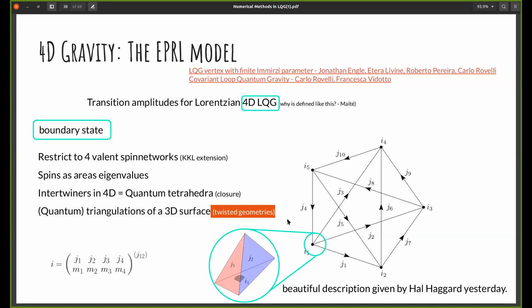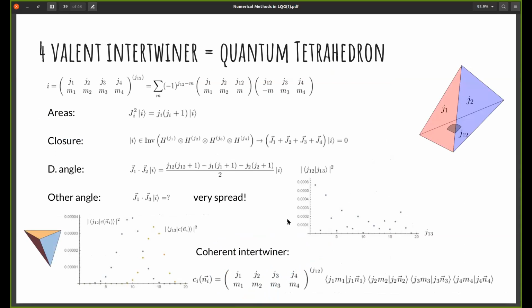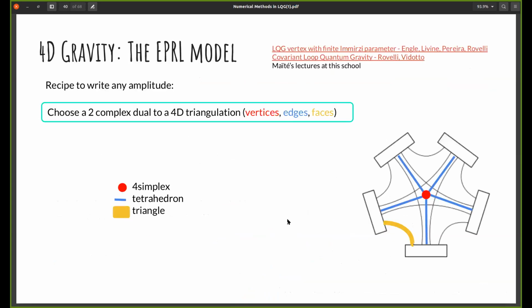But I'm not going to go into that. Please refer to the literature for the actual twisted geometries interpretation of spin networks. So this was the quantum tetrahedron slide that I'm skipping. If someone wants, we can go back to this at the end.